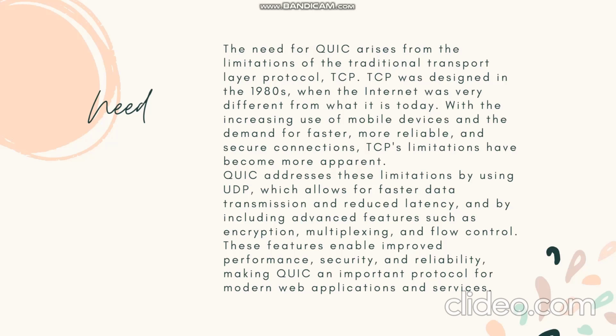QUIC addresses these limitations by using UDP, which allows for faster data transmission and reduced latency, and by including advanced features such as encryption, multiplexing, and flow control. These features enable improved performance, security, and reliability, making QUIC an important protocol for modern web applications and services.